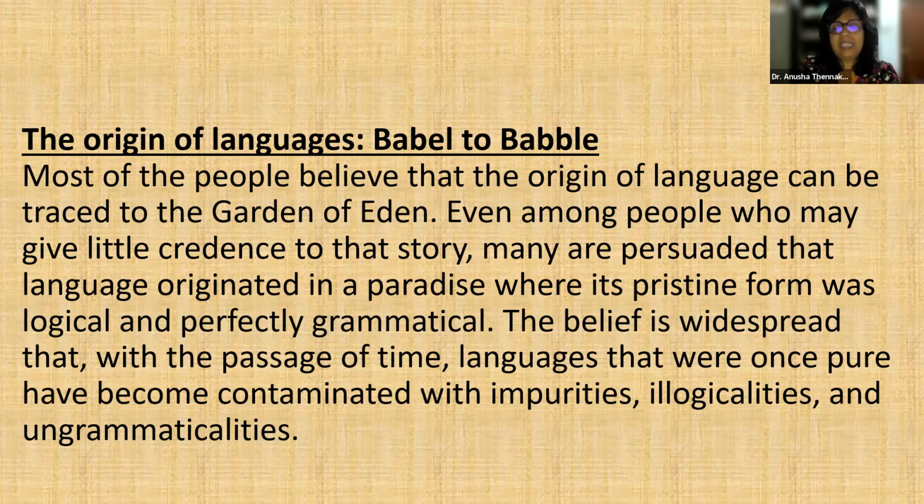It got bad influence from lots of things like impurities, illogicalities, and ungrammaticalities. So now we cannot see a pure language anywhere in the world. Because one language came to the earth, it was pure, and from that language many languages came out. They are not pure.